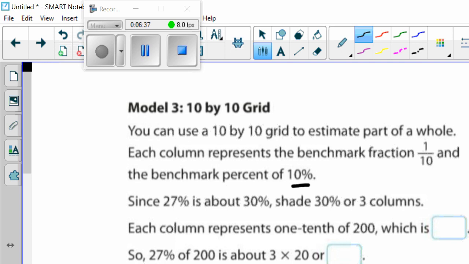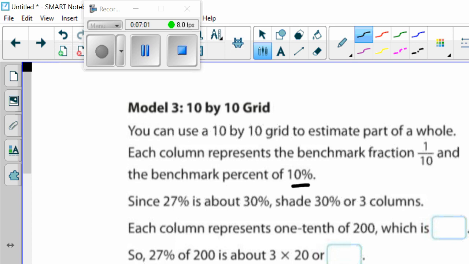If each column represents 1/10 of 200, and if you need to do the math again, we know that 1/10 of 200: take your 200, put it over 1, and multiply it by 1/10. That's essentially just saying you're going to do 200 divided by 10, which is another way, which is absolutely fine. And we know that our answer is 20.